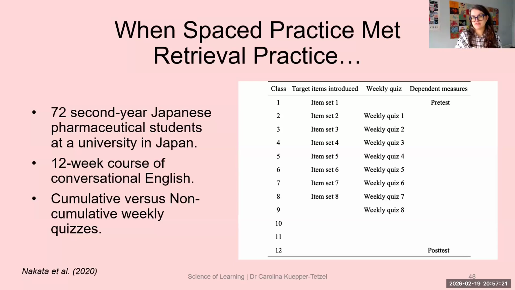That was the cumulative quiz. The non-cumulative quiz would only have items from set 5, so only for that respective week. So that was the difference. It was basically just how mixed up the quiz questions were on that specific quiz and if it covered older material or not, okay?